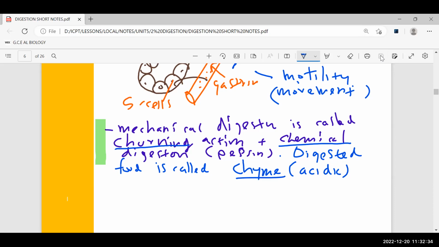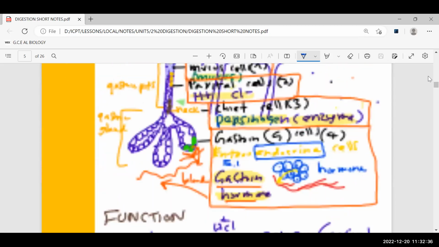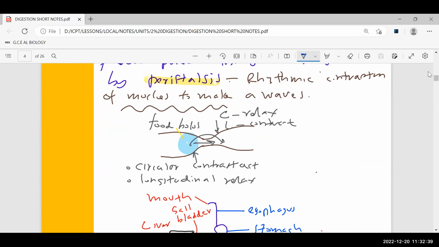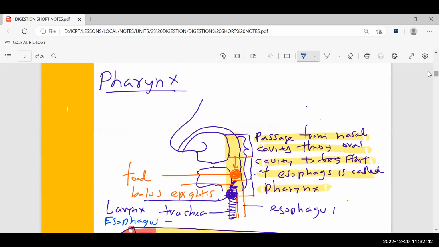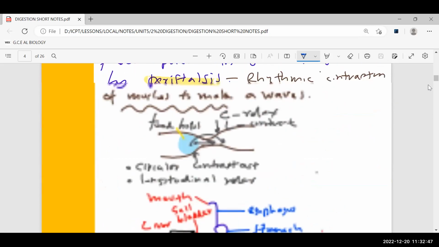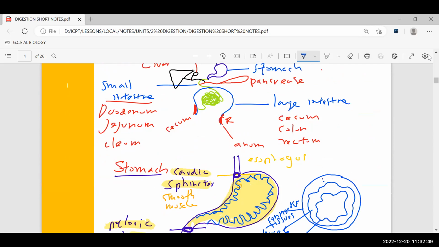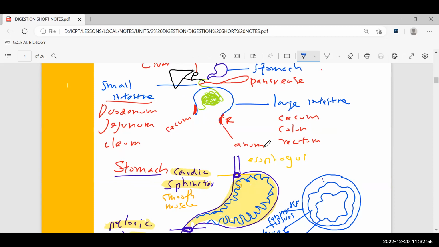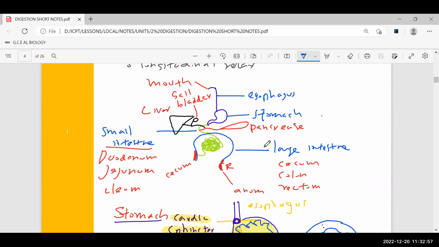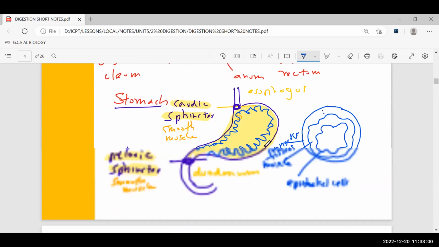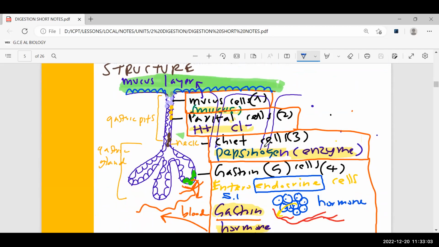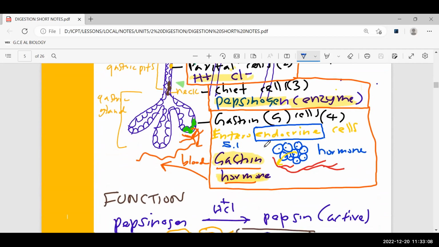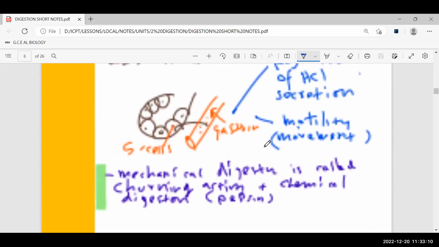Okay, come back to it again. So pharynx, then we learn about the peristalsis and the esophagus, and then we learn the stomach and overall the alimentary canal and digestive system, then pancreas, stomach and its function and regulation.